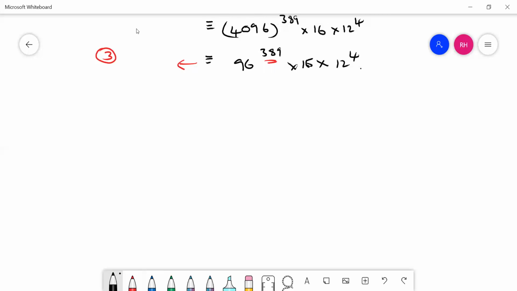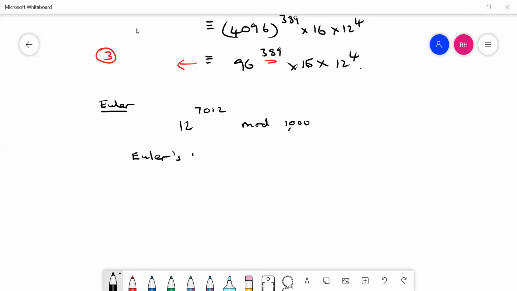Now let's talk about the Euler method. So remember the problem was, what was it? Write it up. 12 to the 7012 modulo 1000. This one was. Okay, so what I could do is, now here you probably need to look at 2 videos if you want to do this method.